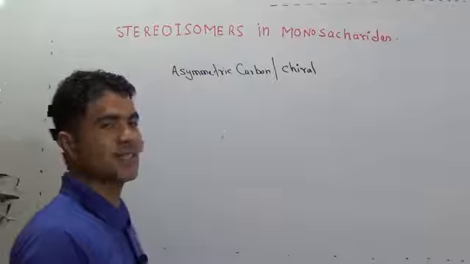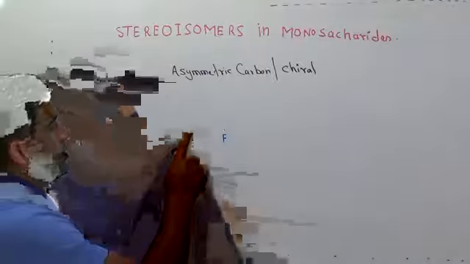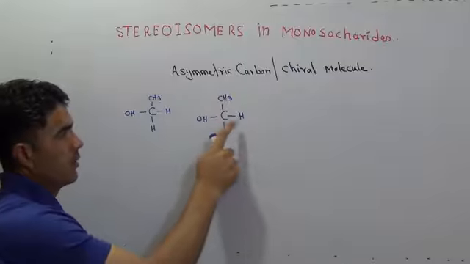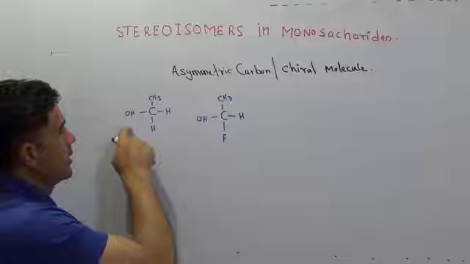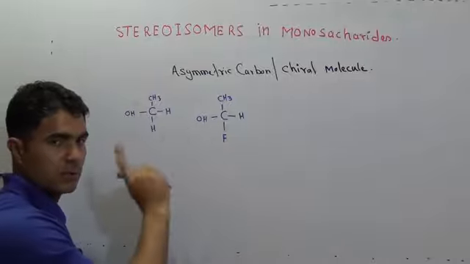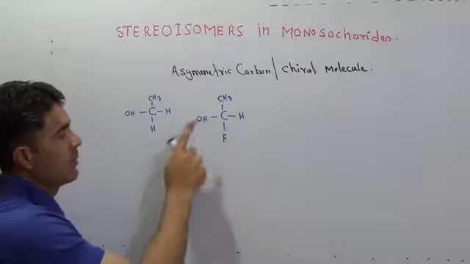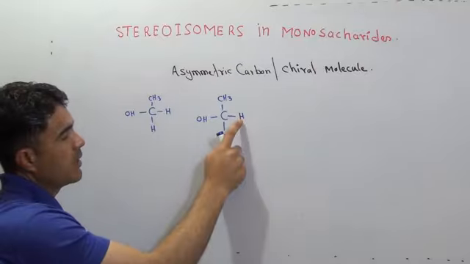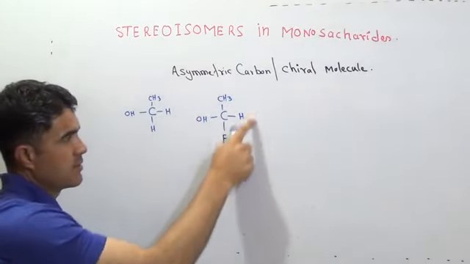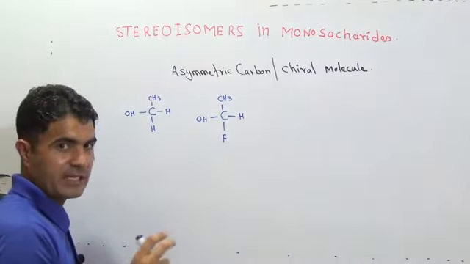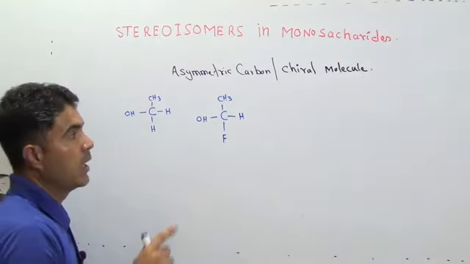Fluorine. So just check around the carbon. In both the cases, there are 4 atoms or groups attached to the carbon atom. But here, if you see, all 4 attachments are different.